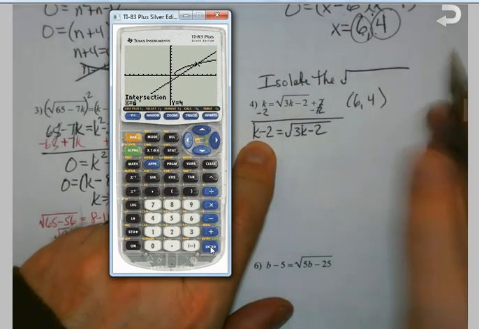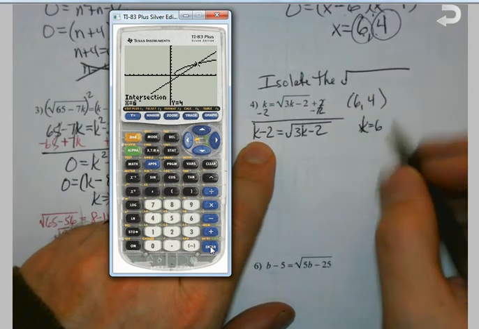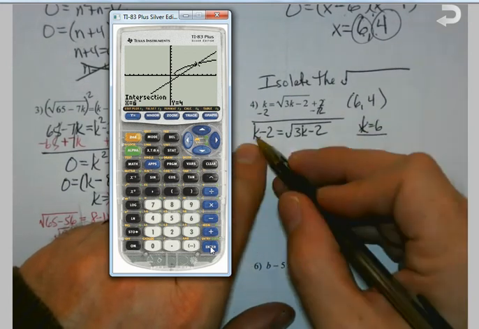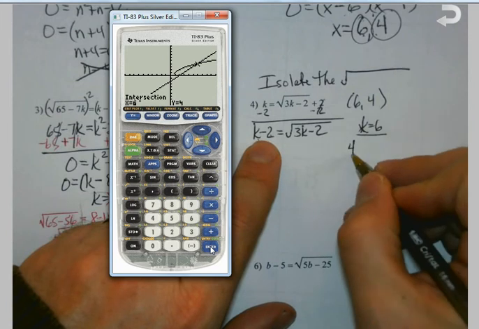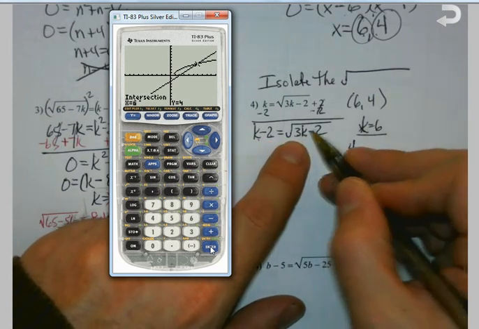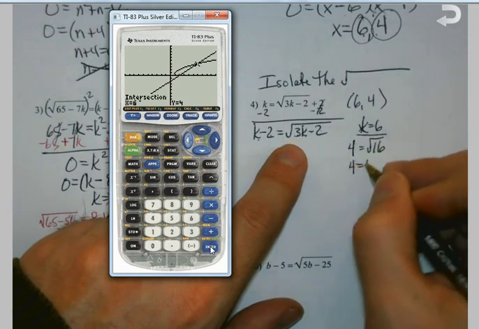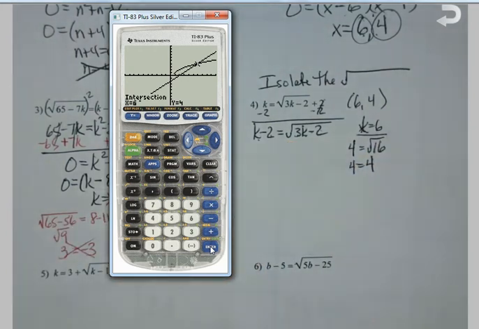So if I plug in 6, call it K here. So 6 minus 2 would be 4. 3 times 6 is 18. Minus 2 is 16. And the last I checked, square root of 16 is 4. Okay, so that one worked out well for me.